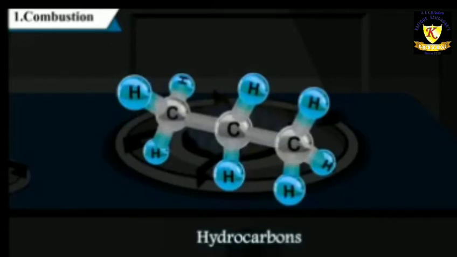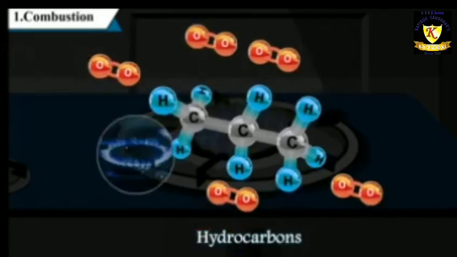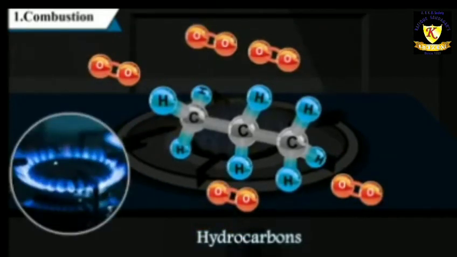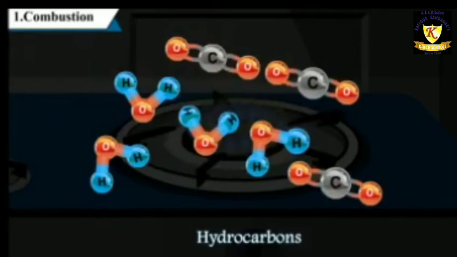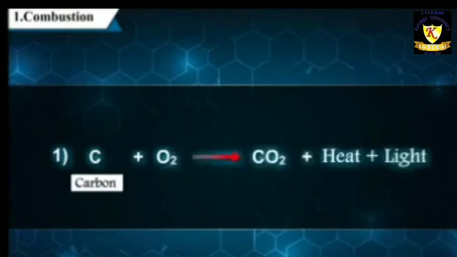Hydrocarbons as well as most of the carbon compounds undergo combustion in the presence of oxygen to emit heat and light and form carbon dioxide and water as the common products. Some of the combustion reactions are as follows. Carbon plus oxygen gives CO2 plus heat plus light.